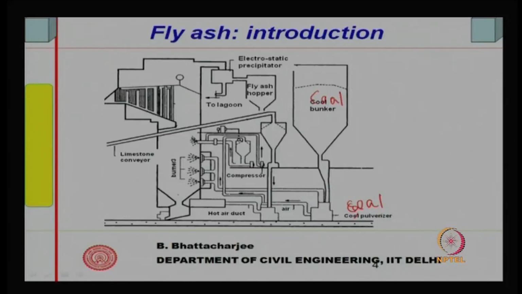Compressed air is also passed in through the burner, and the burned gases pass through the electrostatic precipitators, and finally the ash is collected from the electrostatic precipitator. If they are handled dry, they will go to the fly ash hopper, and if they are handled wet, they will go to the lagoon or the pond, mixed possibly with bottom ash. So, this is what fly ash production is.